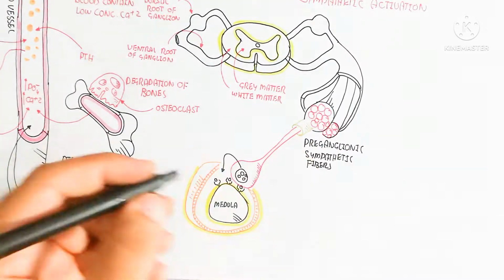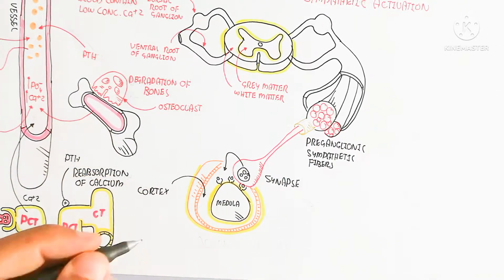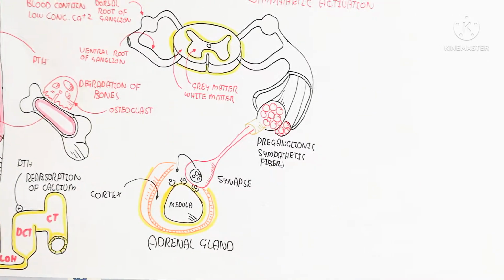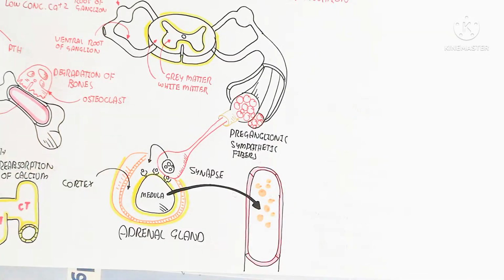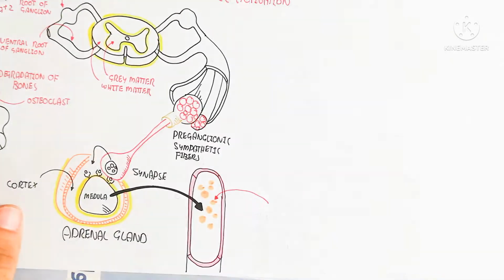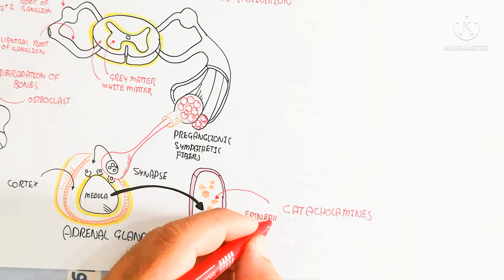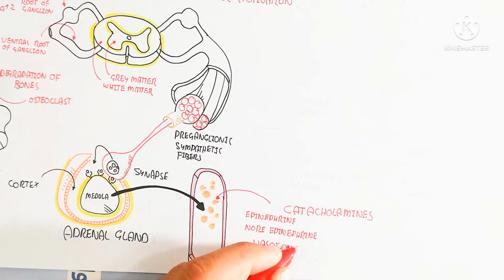In this way, the cortex is here, and this is the adrenal gland, whose medulla contains receptors that synapse with the nerve, which causes the adrenal gland to release catecholamines. These catecholamines include epinephrine and norepinephrine, which lead to vasoconstriction and vasodilation of blood vessels.